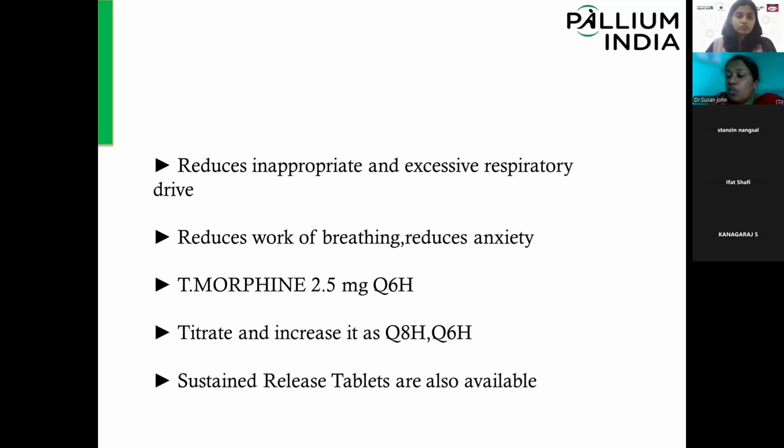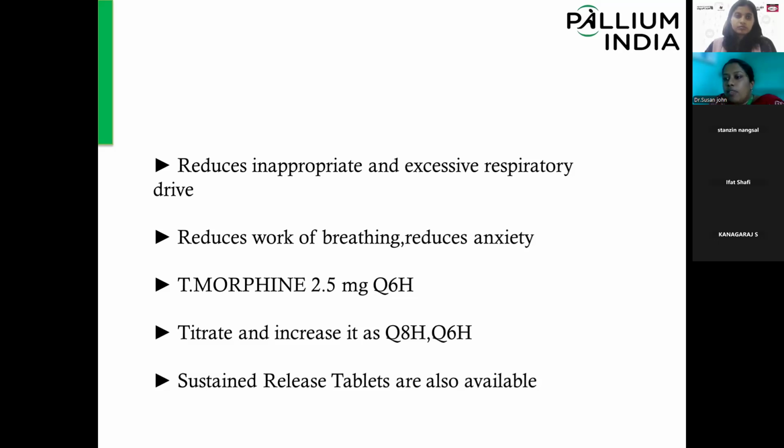When it is used for non-cancer conditions like COPD or interstitial lung disease, if you start this morphine, most of the time after the next review they will have stopped the medicine after a few days. If we ask why you stopped this medicine, they say that our neighbors told us this medicine is mainly for cancer.